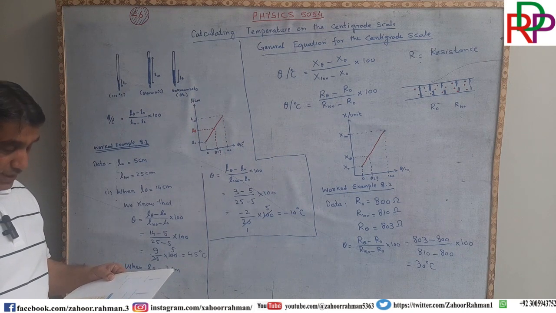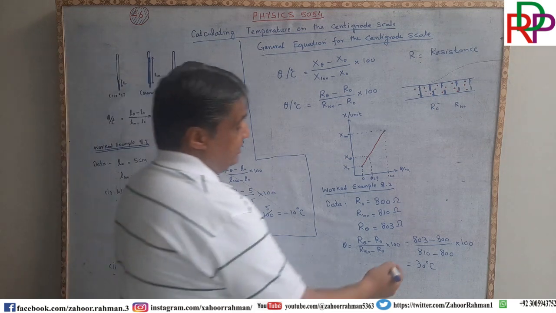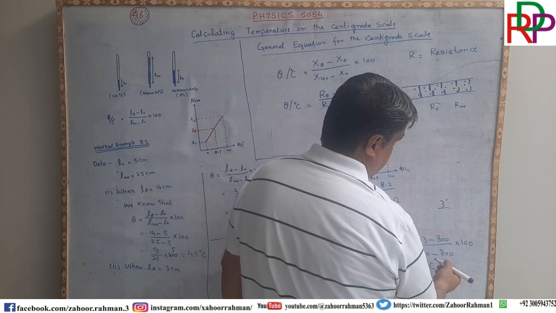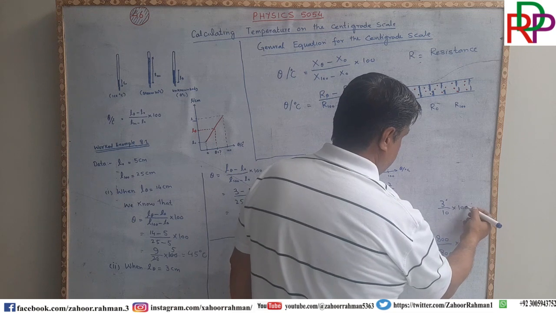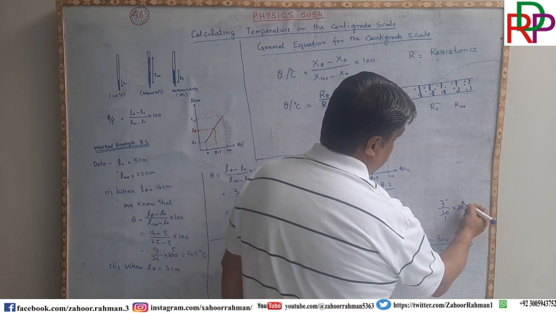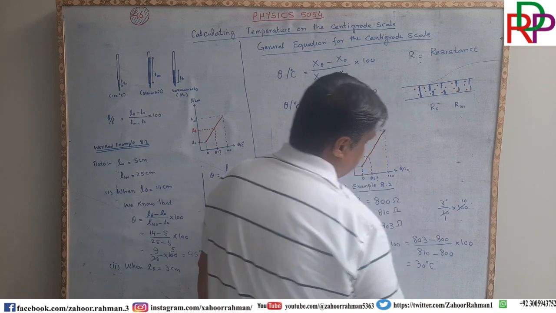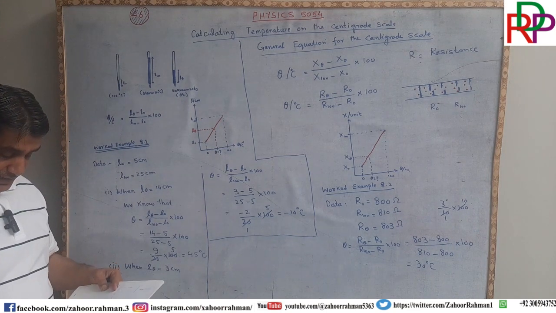That will be 3 divided by 10 multiplied by 100. So 10 ones are 10 and 10 tens are 100, and 3 tens are 30 degrees Celsius, the ultimate value of this.